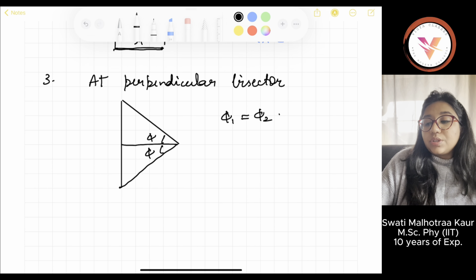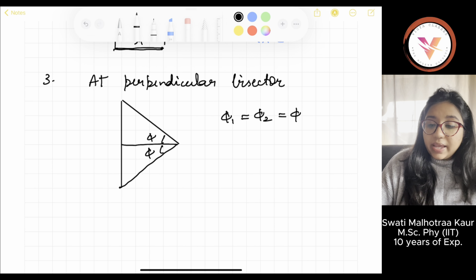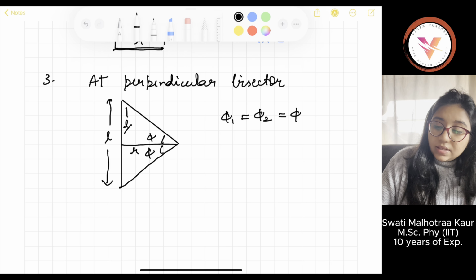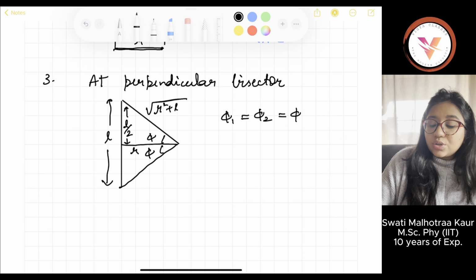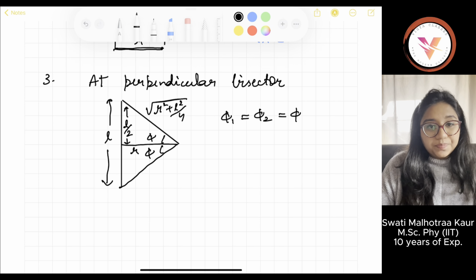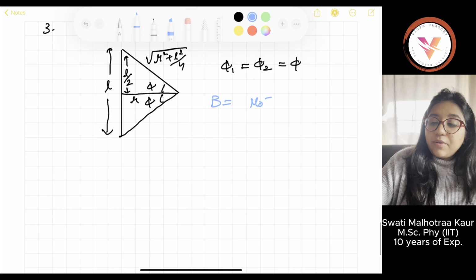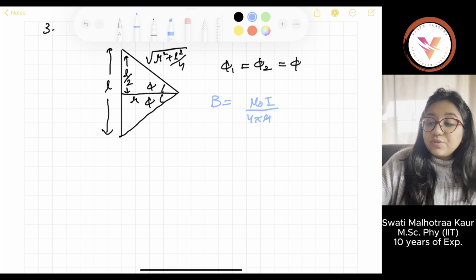Phi 1 equals phi 2 equals phi. If this length is L, this is R, then this becomes L by 2, and this becomes the square root of R square plus L square by 4. So here the magnetic field becomes mu naught I by 4 pi R, and sin phi plus sin phi will give you 2 sin phi.